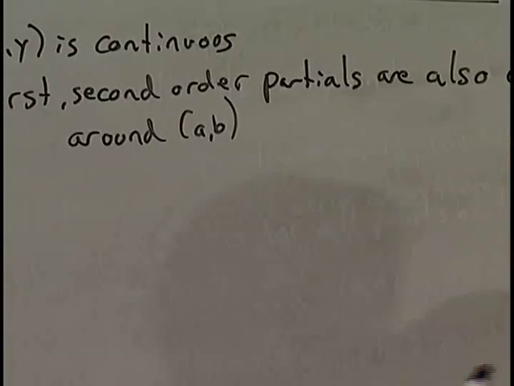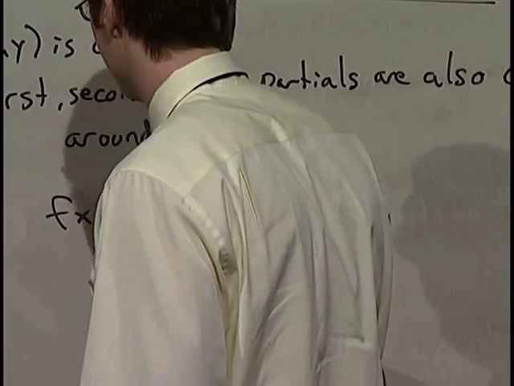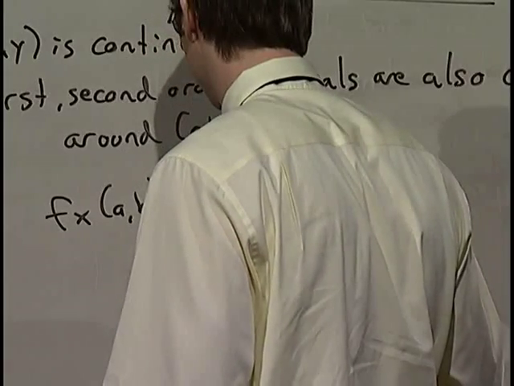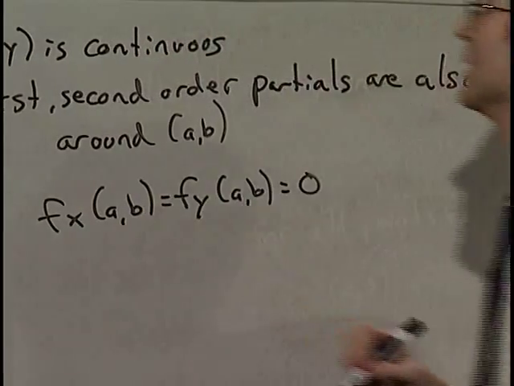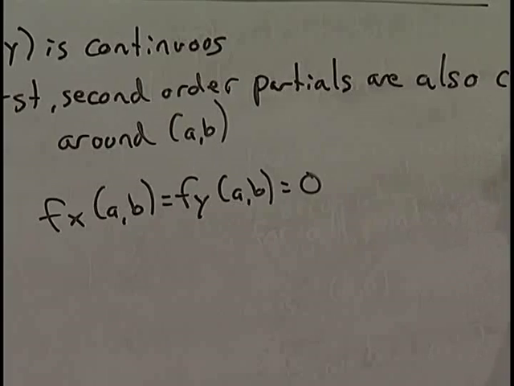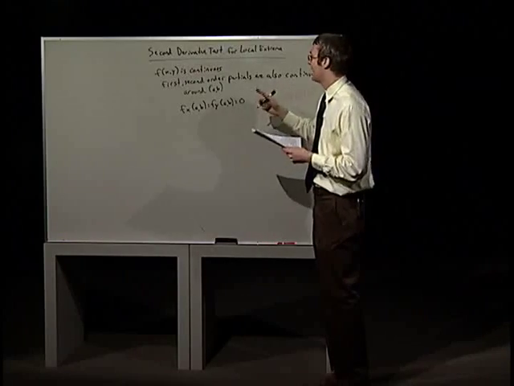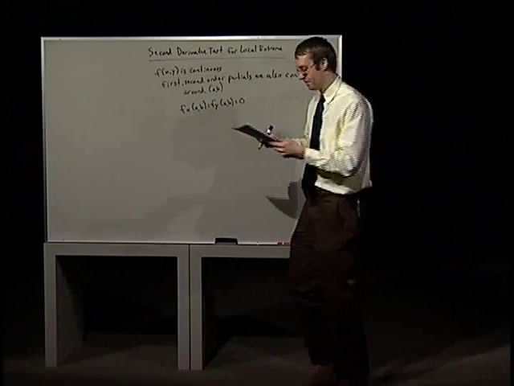And you're assuming here that you have a critical point of the variety that the first order partials are equal to 0, right? So you're at a critical point, and now your question is, well, what's happening with that critical point here? Is it a local max, local min, or saddle point, right?